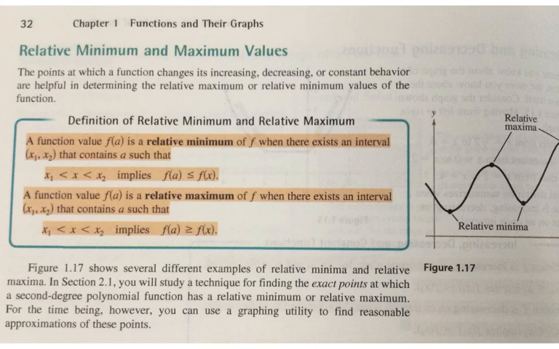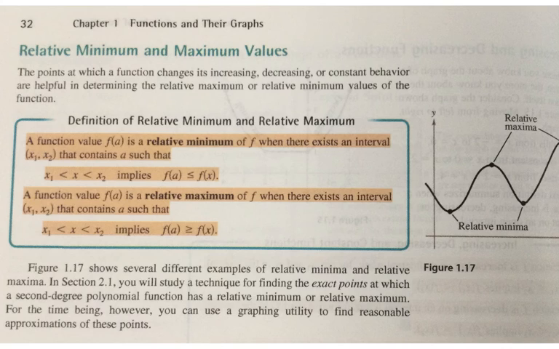Relative maximum happens in the exact opposite way. So here the graph changes from increasing to decreasing, so you have a maximum value that occurs. And same thing here, from increasing to decreasing, you have a maximum value that occurs there. Here is the important part.